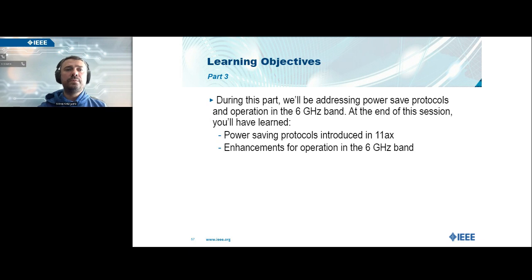So during this part, essentially, we'll address the power save protocols and the operation in the 6 GHz band. Anything that is related to improvements to power save, to power consumption in 11ax, we'll cover, and also the enhancements in the 6 GHz band.